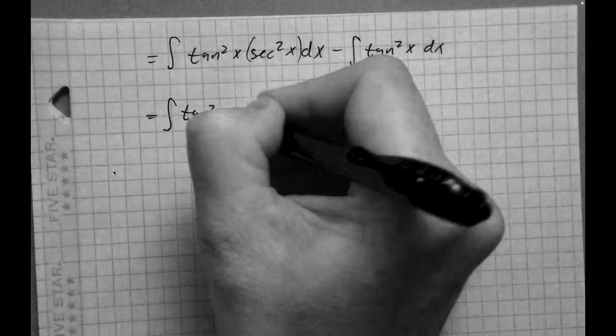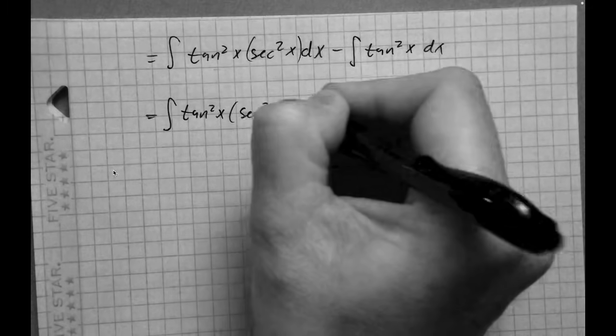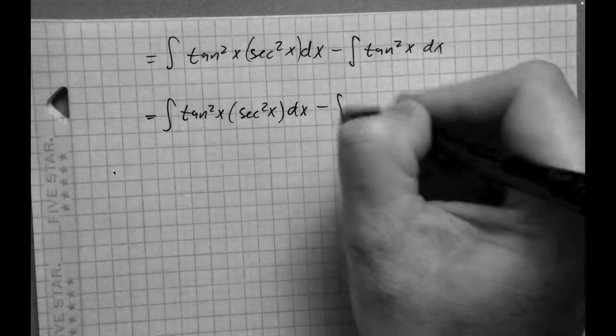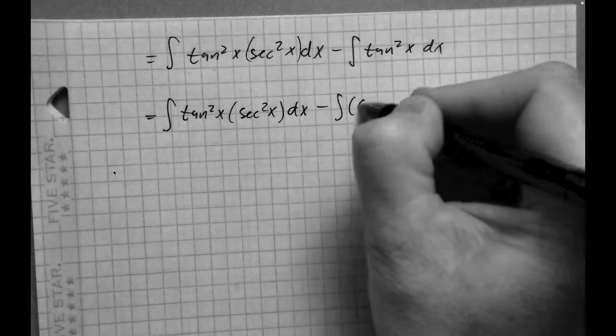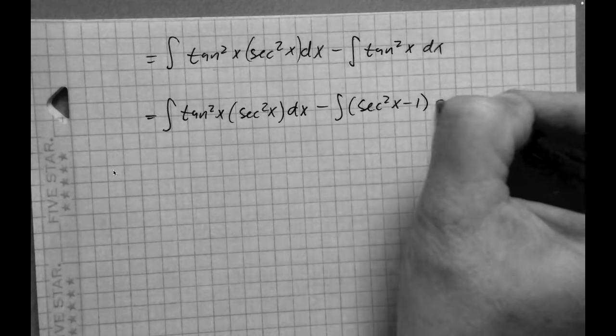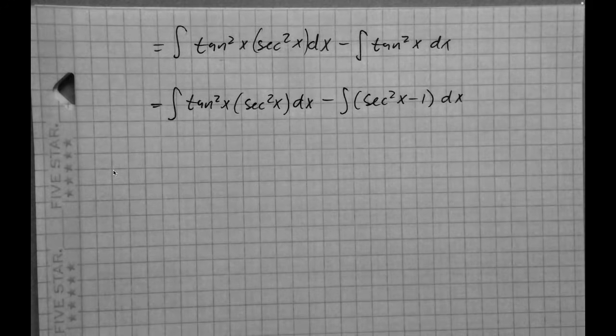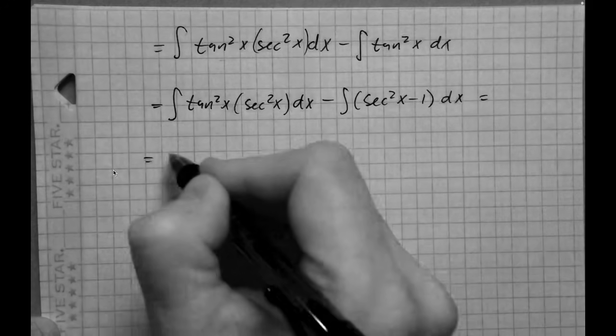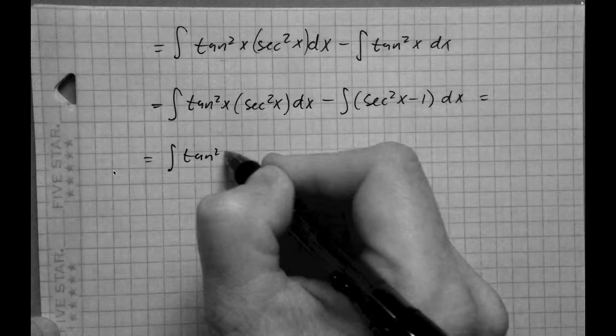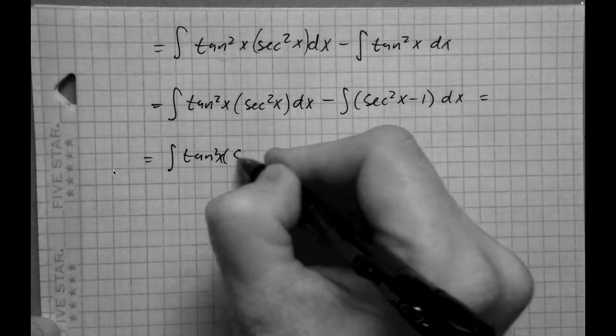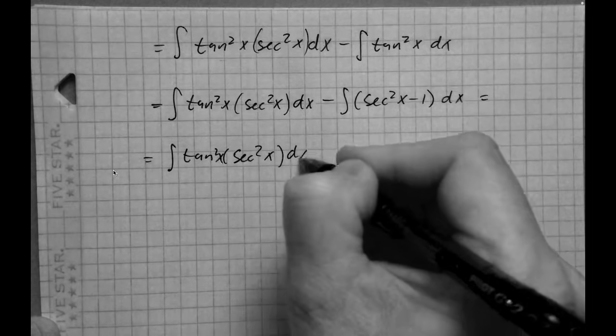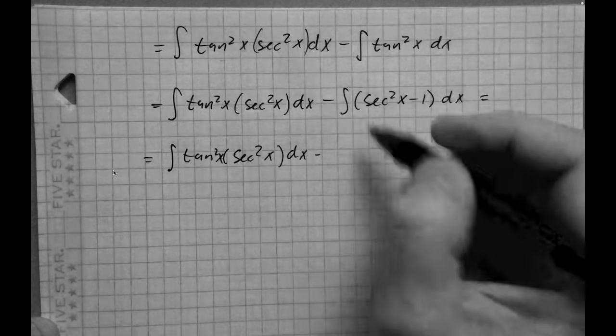So we'll hang on to this. And then instead of tangent squared, I'm going to write secant squared x minus 1. So we'll do that. And this all just stays the same here. But this guy I can just break apart now.